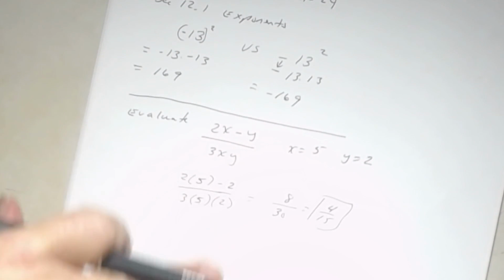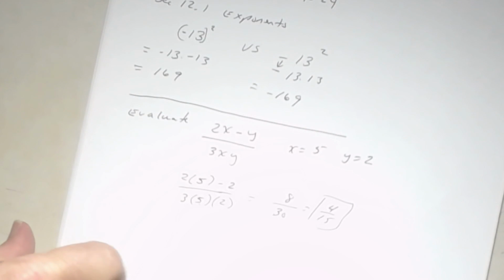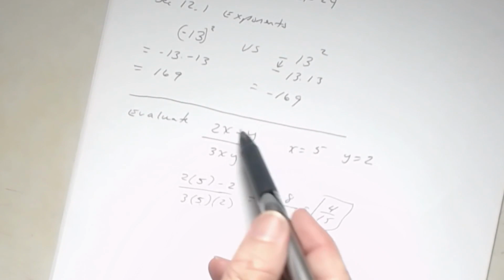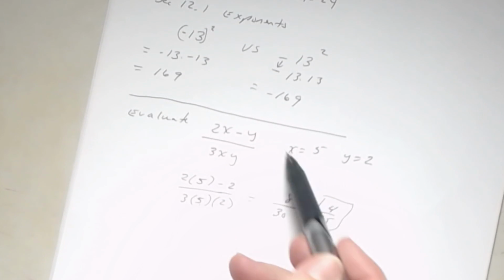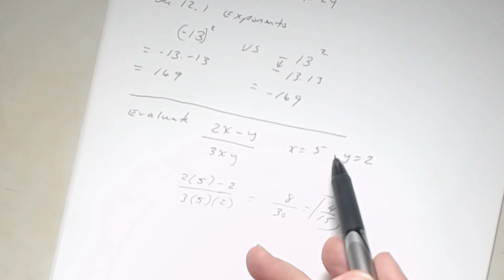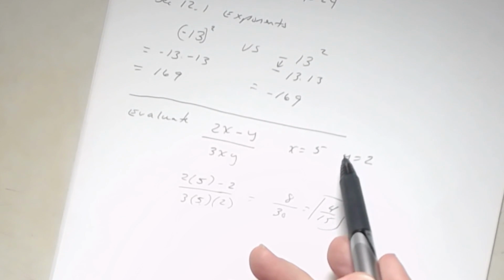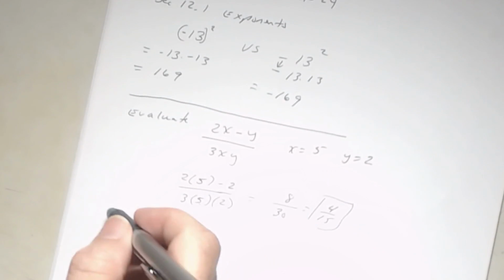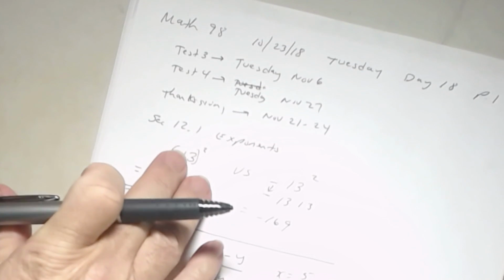Now, in this chapter, see how when I substituted numbers into the variables, those numbers were whole numbers? Remember, your whole numbers are 0, 1, 2, 3, 4, 5, 6, and so on. In particular, they're positive right here. So now we're going to look at some that are negative. That's why we talked about these negative bases last class period.